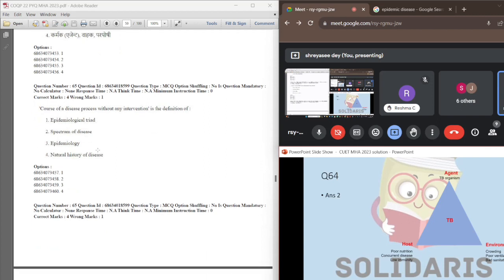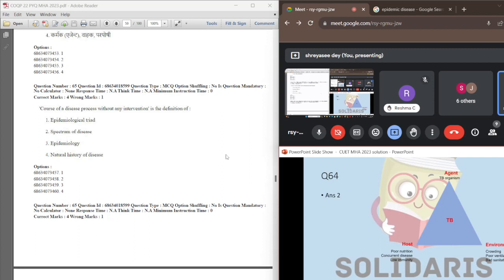Then the next question: the course of disease process without any intervention is the definition of. The answer is, there will be confusion between two answers, spectrum of disease and natural history of disease. The answer is not the spectrum of disease, because spectrum of disease is about which spectrum the disease affects people.